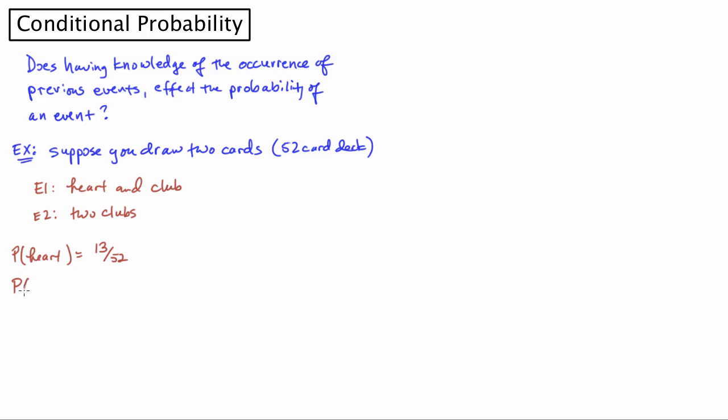The probability of a club normally would be 13 out of 52, but because this is occurring after I've already chosen a heart, meaning I'm doing this without replacement, so I'm drawing the cards and I'm not replacing them, then there is 1 less card overall to pick from, so it's 13 out of 51.